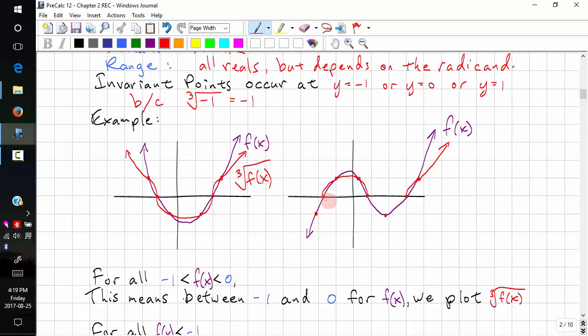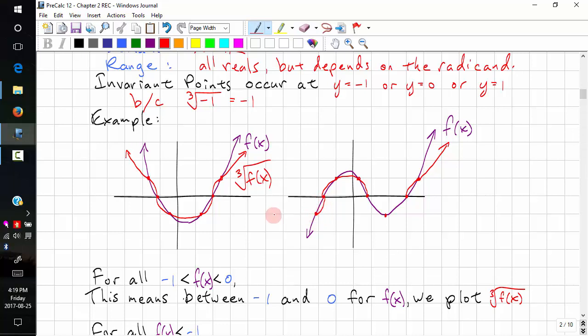And below the x-axis is the opposite. So we plot below f of x. And it's okay to exaggerate it slightly just to make sure that you're not following the curve exactly. You need to be below the curve.